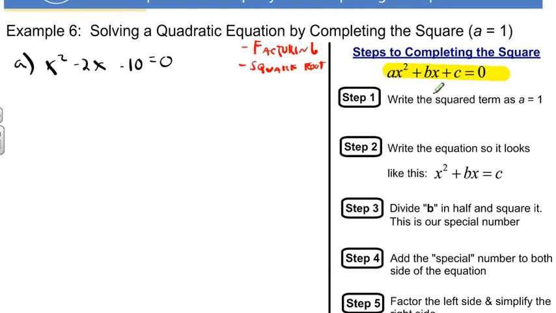Okay, this is when you know that you're going to use completing the square, or we usually solve quadratics by completing the square when it's written in this form, ax squared plus bx plus c. Like if you come up here, what's my a term? It would be 1, right?